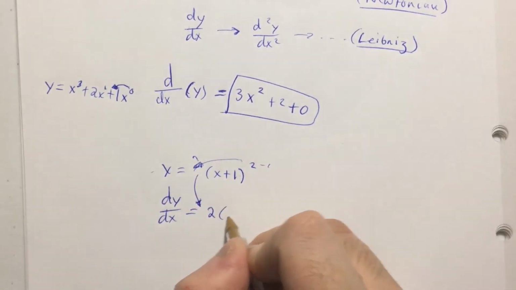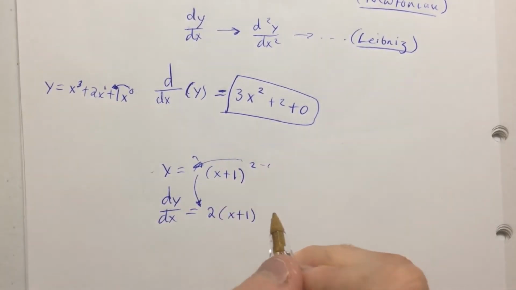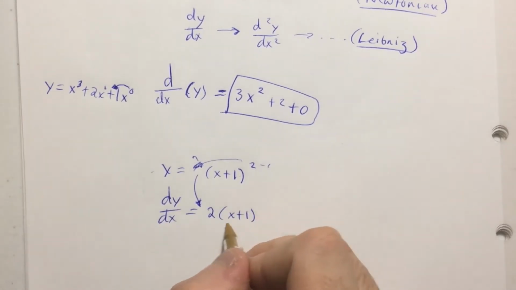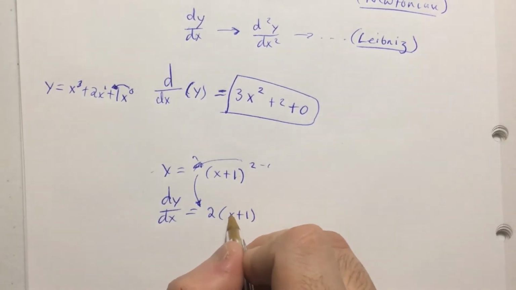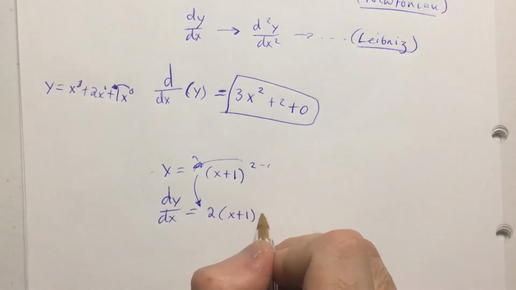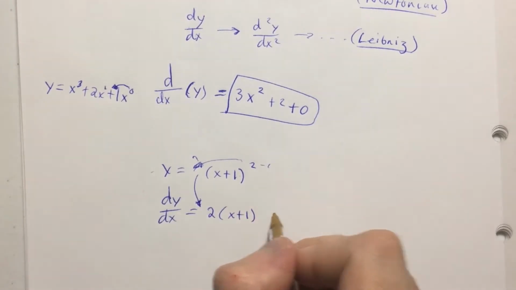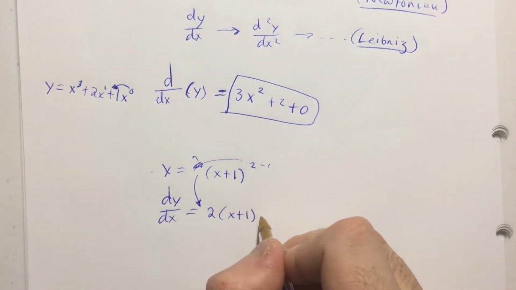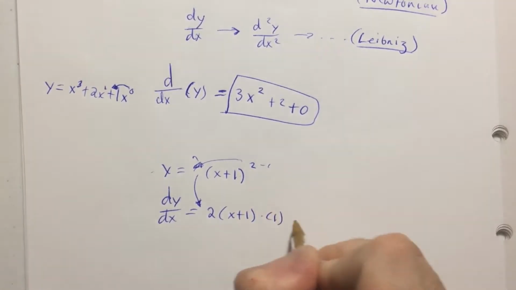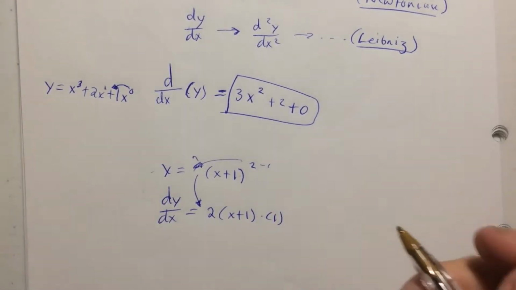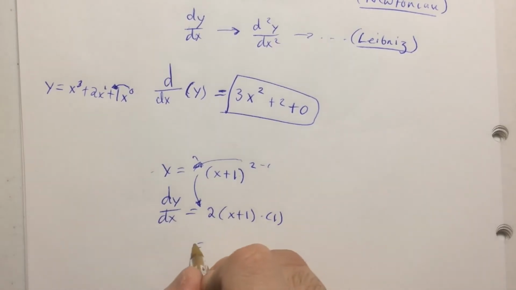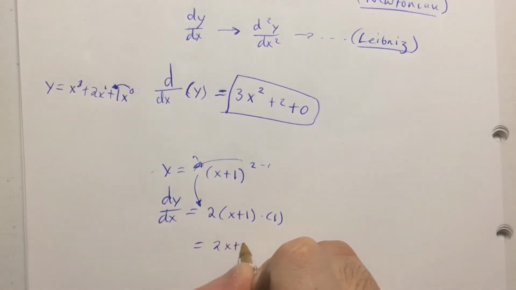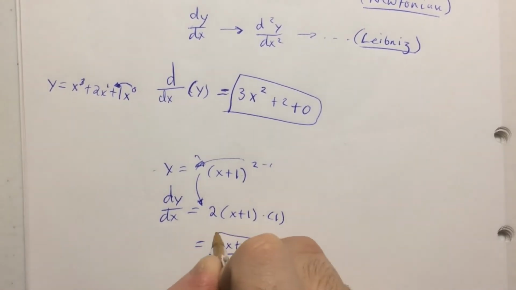So it's 2 times x plus 1. Now we take the derivative of x plus 1. Well, x to the power of 1, that's just going to be 1, and the derivative of 1 is 0. So that's 2 times 1, times x plus 1, which is 2x plus 2. And that would be our derivative.